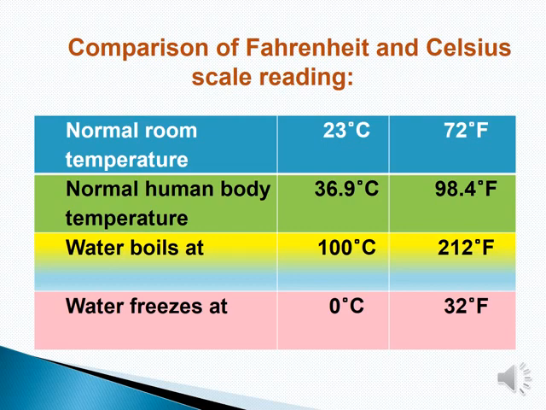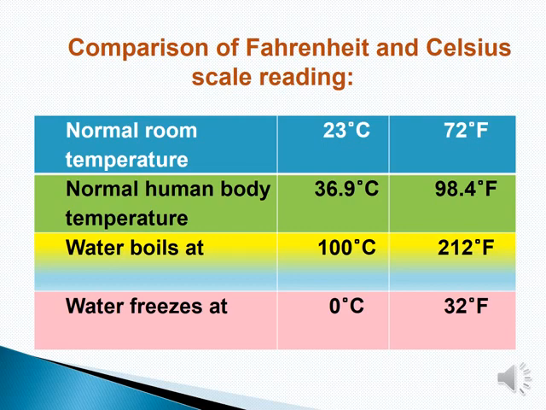Normal human body temperature is 36.9 degrees Celsius and in Fahrenheit it's 98.4 degrees Fahrenheit. Boiling point of water is 100 degrees Celsius and in Fahrenheit it's 212 degrees Fahrenheit. The freezing point of water is 0 degrees Celsius and in Fahrenheit it's 32 degrees Fahrenheit.